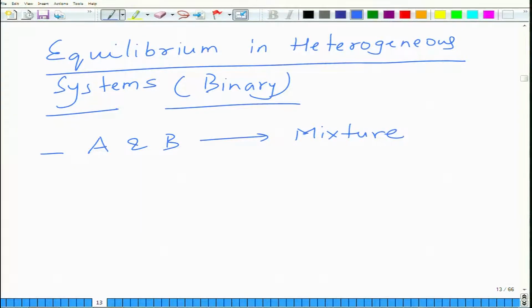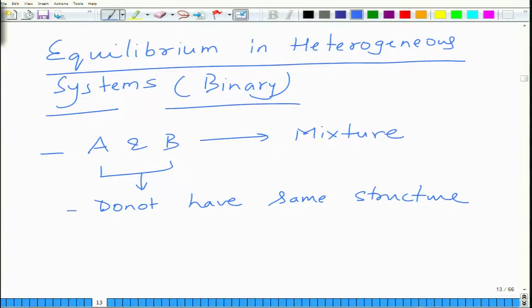So, let us say A and B do not have the same structure and there are size differences as well.